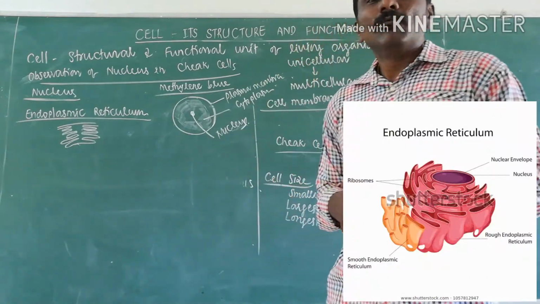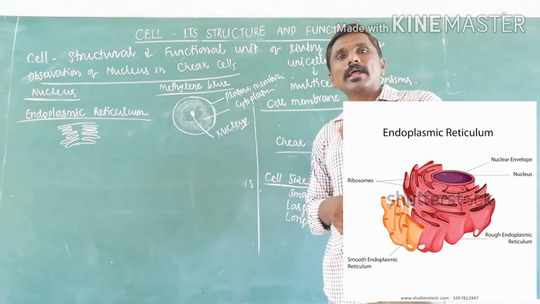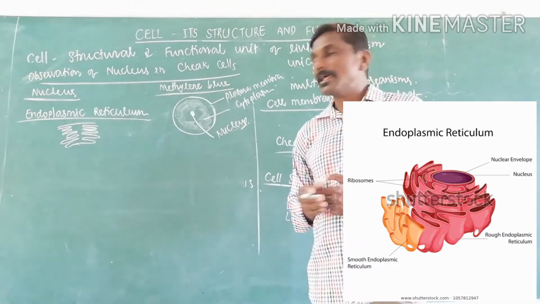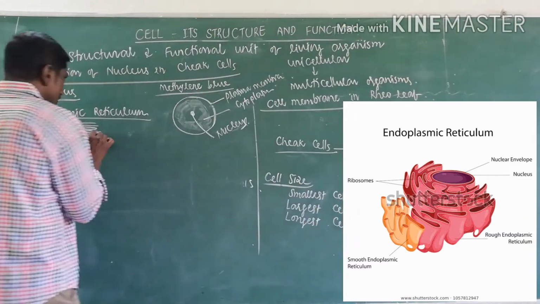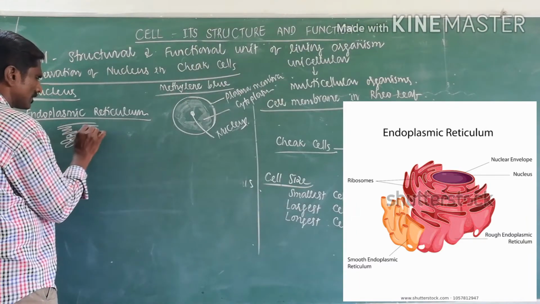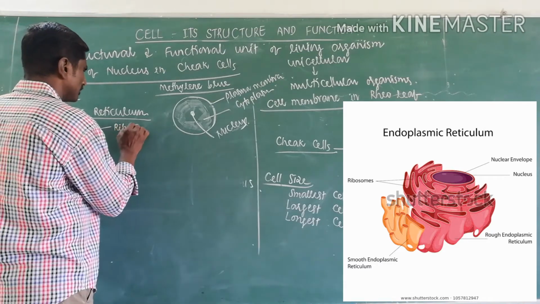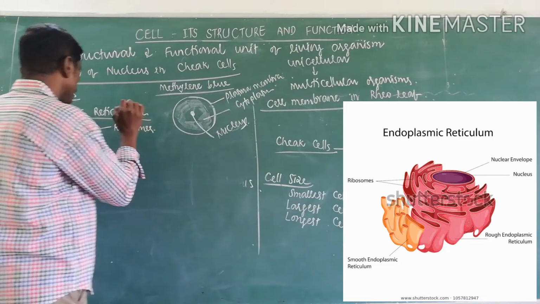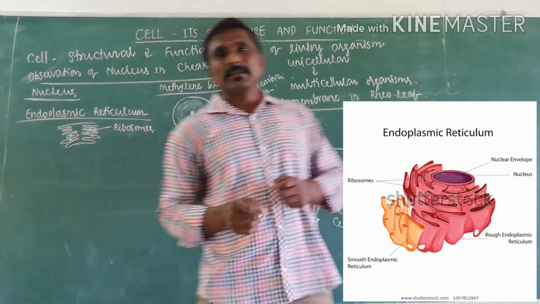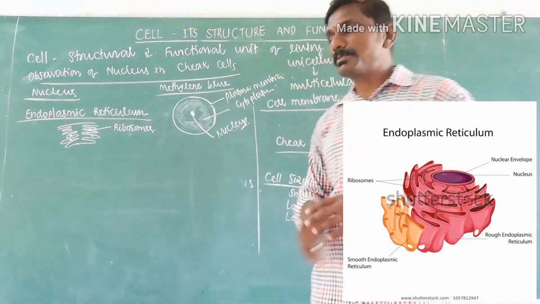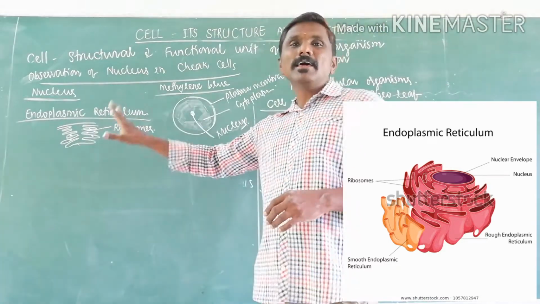And here we observe oval-shaped or circular granules on the surface of the endoplasmic reticulum, which are called ribosomes.